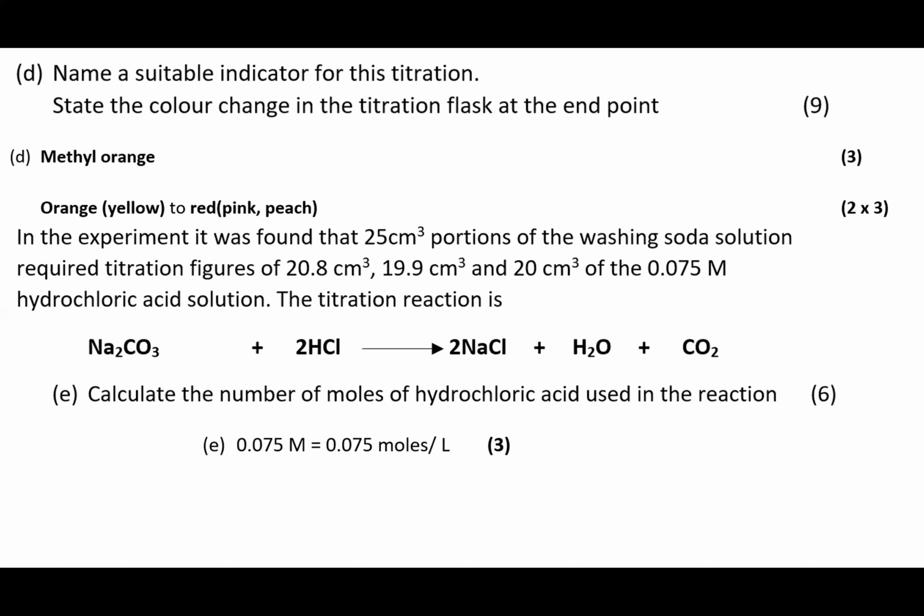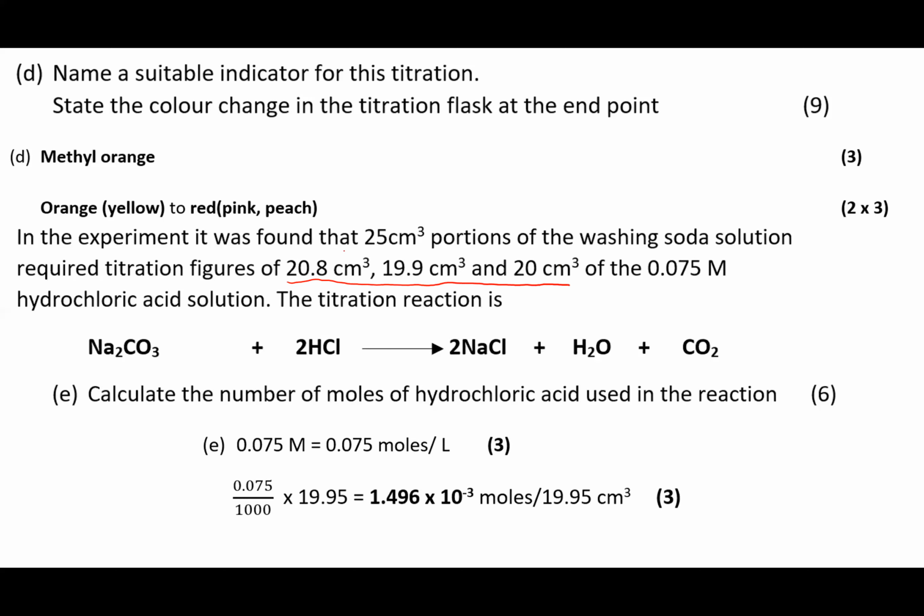So we're told that we have a 0.075 molar solution of HCl, which is 0.075 moles per liter. However, we only used 19.95 cm³ of HCl. Where do we get 19.95 from? Well, we can see there that our three titration figures are 20.8, 19.9, and 20.